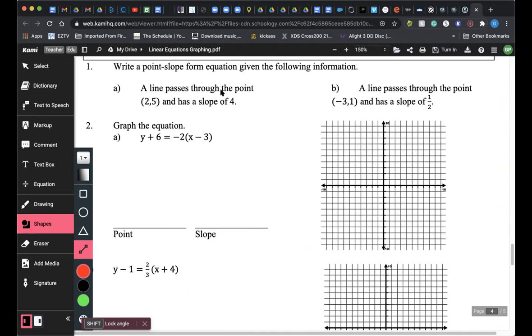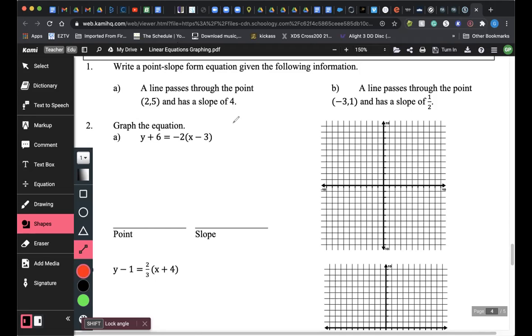So we're looking at number 1 here, and it says a line passes through the point (2, 5) and has a slope of 4. So I have to write the equation given this information.